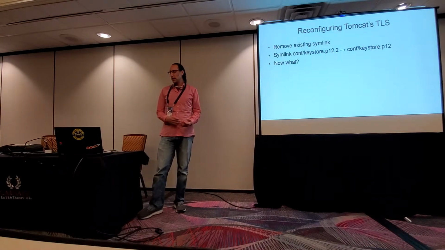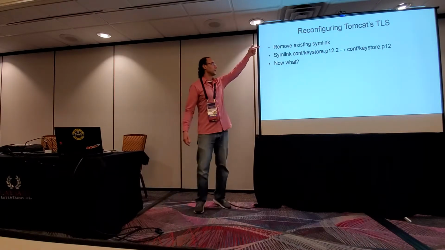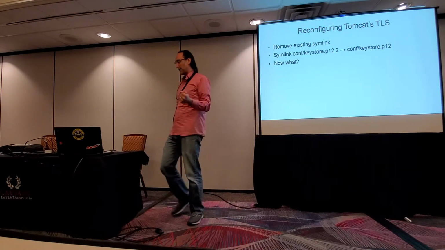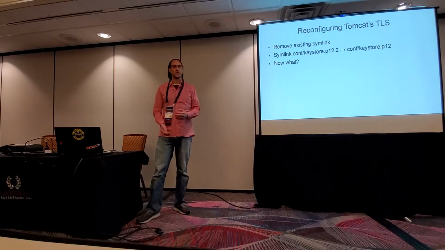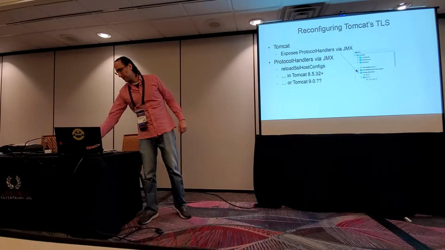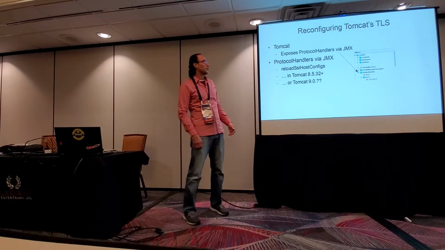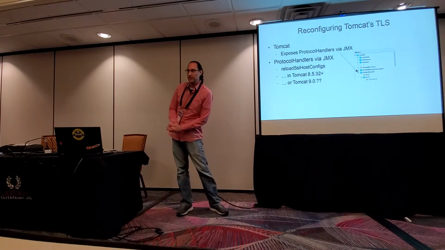All right. So to reconfigure, you remove the symlink, you resymlink to the other one, and then question mark. And this was the question that I was asking myself several years ago before we had some nice reloading. So how do you reconfigure Tomcat's TLS while it's running?